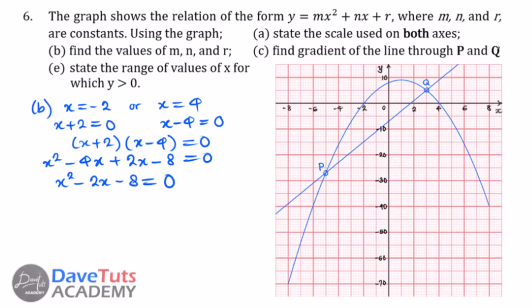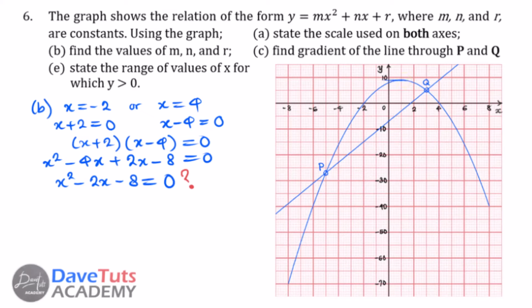Now the question is, can this be the equation that we are looking for? That is not the equation. This is because, student, this is where you really need to understand your quadratic graph, particularly if it's going to be a maximum, as in this case, or conversely if it's going to be a minimum. Here, this is a maximum. You can see that it's having a maximum value here, and that is at 9.